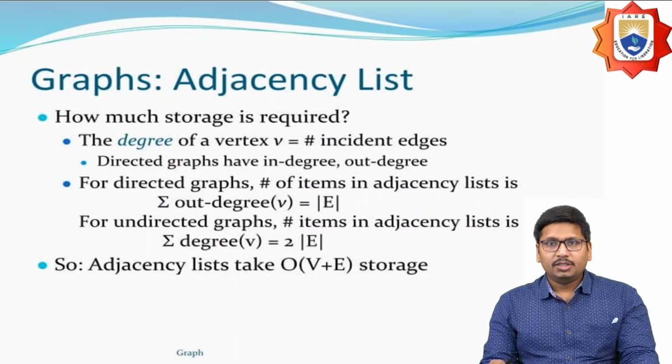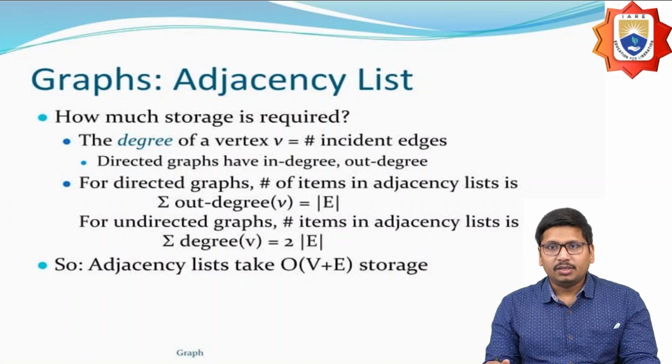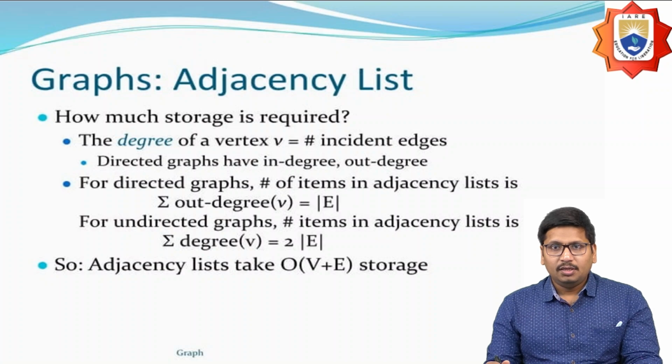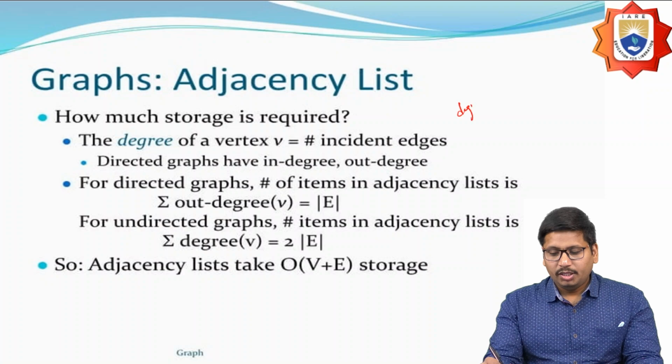So how much storage is required in case of an adjacency list? The degree of the vertex V is defined by incident edges, and a directed graph has in-degree and out-degree. Normally the degree of a vertex in a directed graph is written as in-degree plus out-degree value.